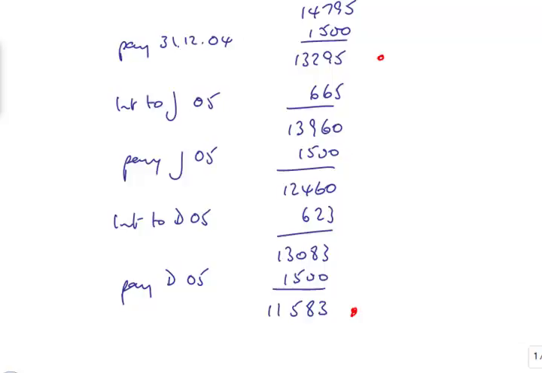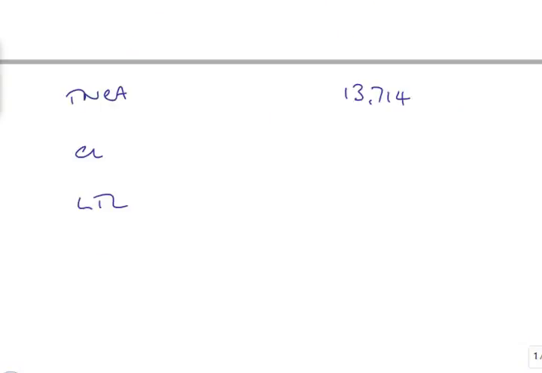That's 1712. 1712 is current. It's that which is 835, and it's that which is 877, which is 1712. Or it's that minus that. So 1712 is current liability. And long-term liability is 11,583.